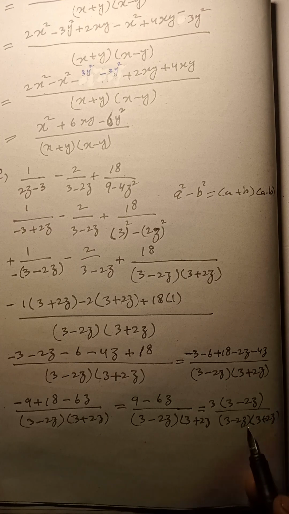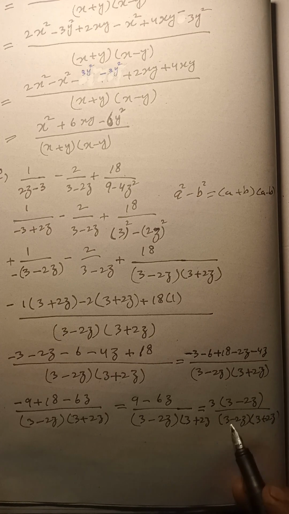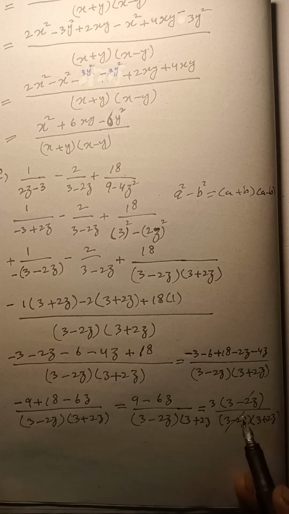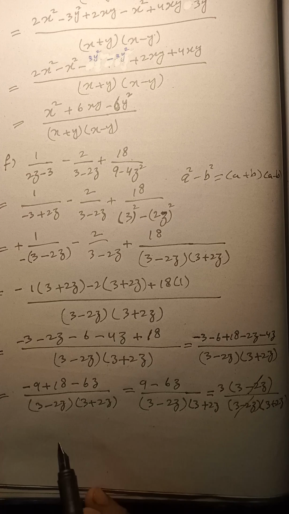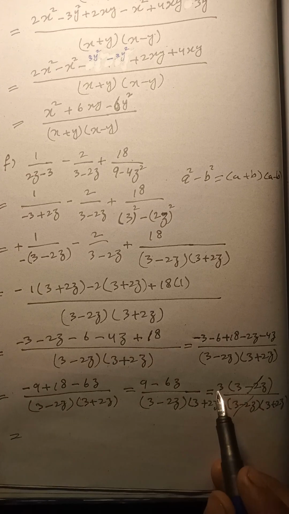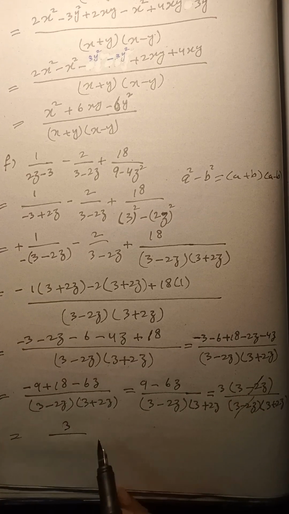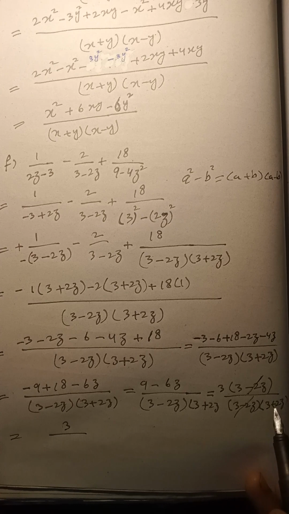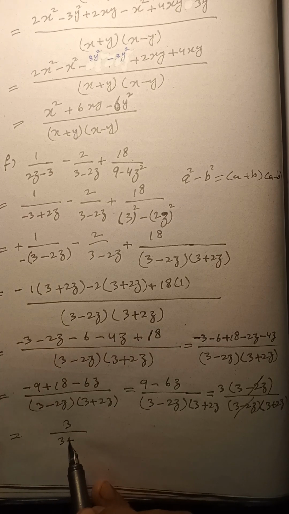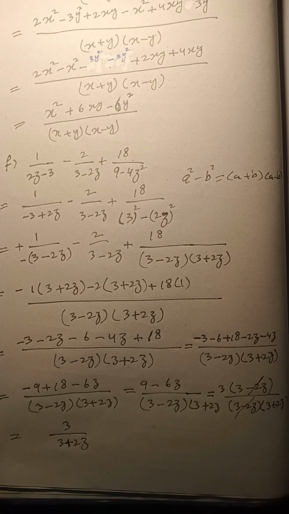The 3 minus 2z in the numerator can cancel the 3 minus 2z in the denominator, so our answer will be 3 in the numerator, and in the denominator is 3 plus 2z. So this is our answer.